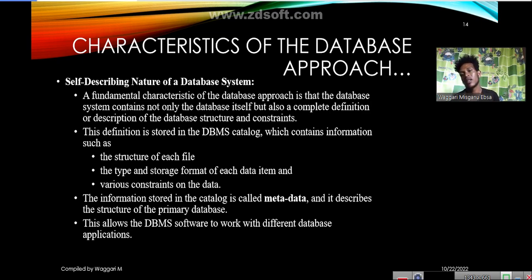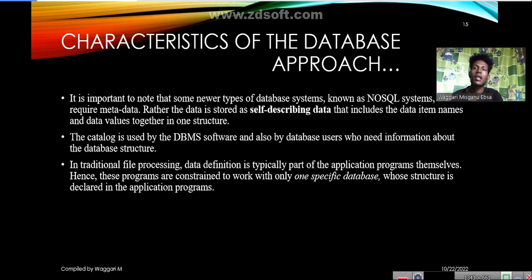Another characteristic: it is important to note that some newer types of database systems, known as NoSQL databases, have appeared. NoSQL means they do not require metadata in the same way.